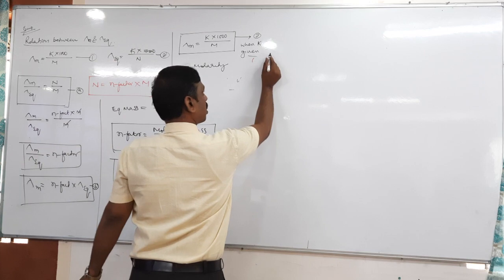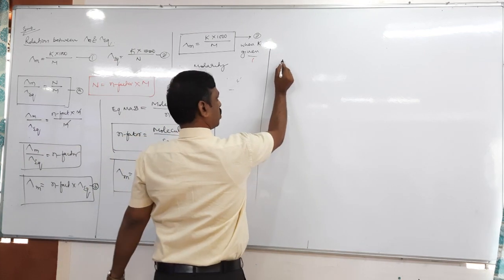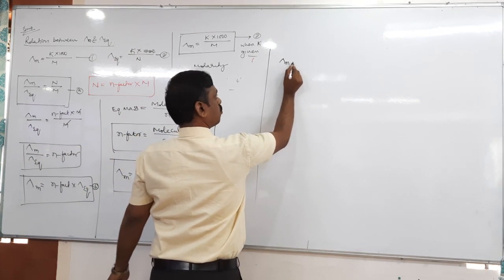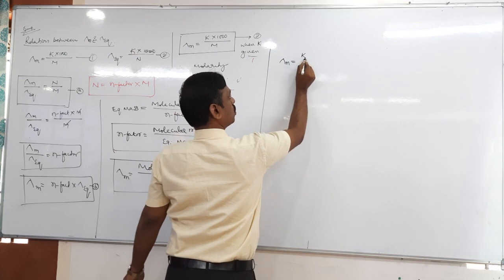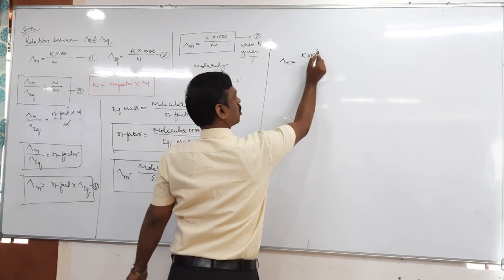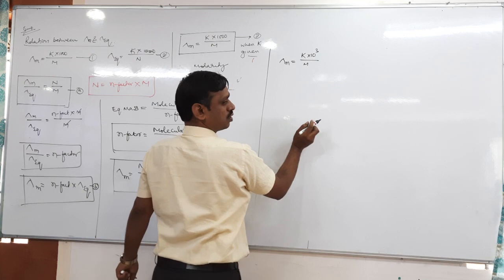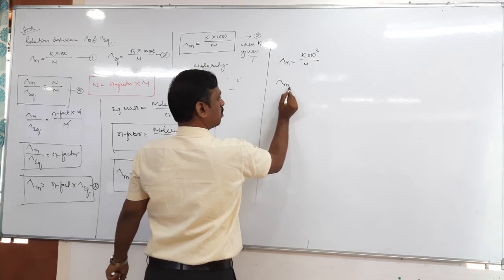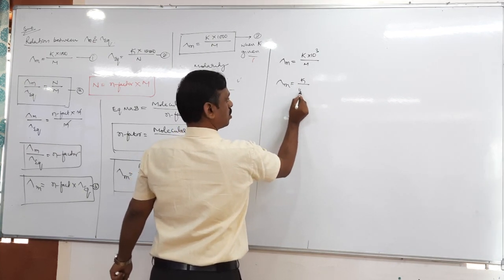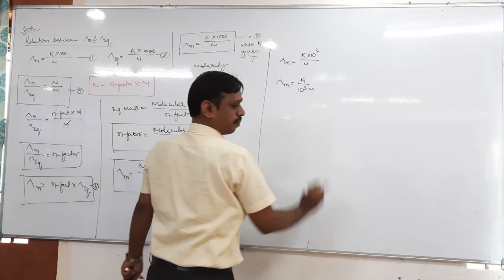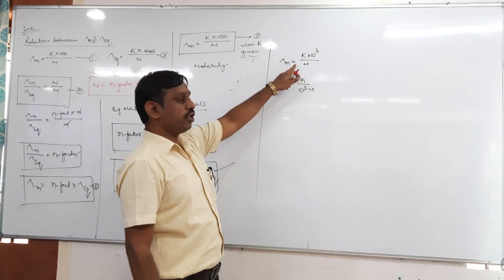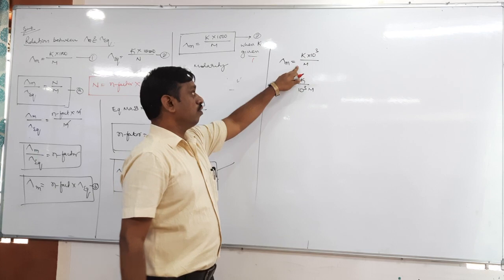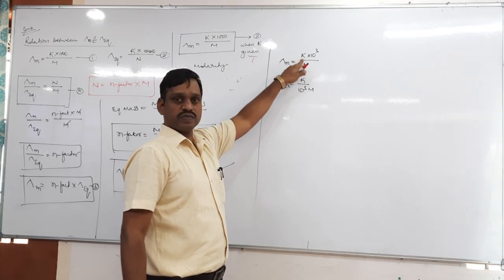To calculate molar conductivity, we have two formulas. Lambda m equal to K into 1000 divided by M, and one more formula, lambda m equal to K by 1000 into M. This formula can be used when the K value is given in CGS, and then lambda m will be in CGS.